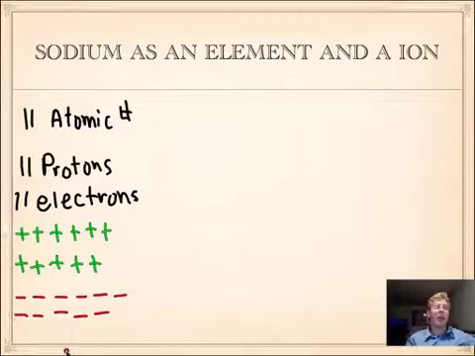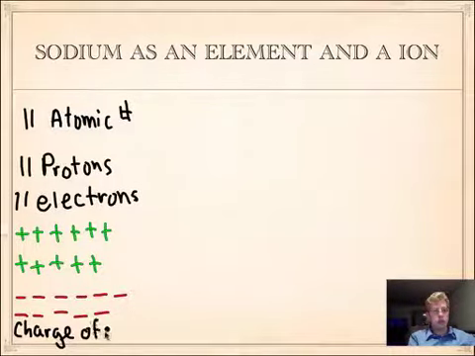Now, just like in math, if you have a positive and a negative, they're going to cancel each other out. So positive 11 minus 11, that's going to give me an overall charge of 0. So I'm going to write that at the bottom. Charge of 0.